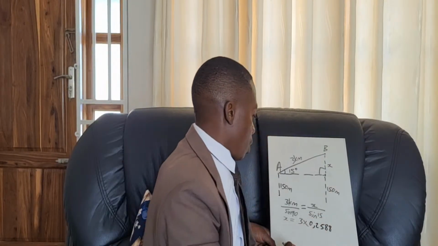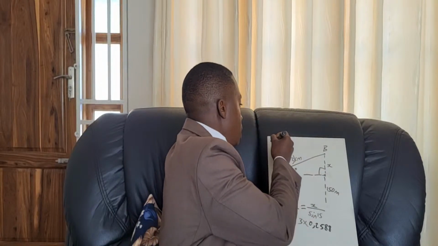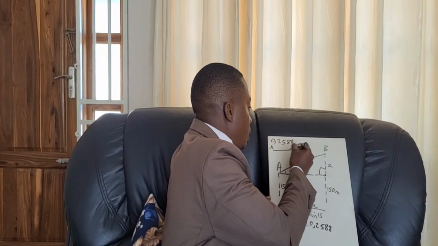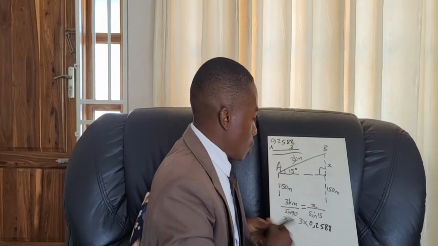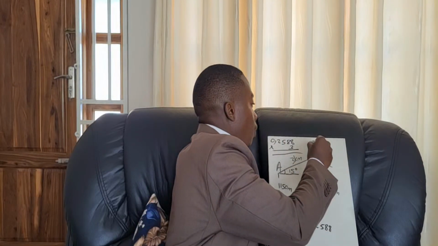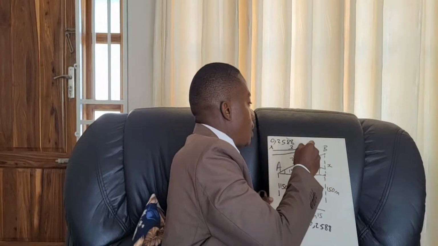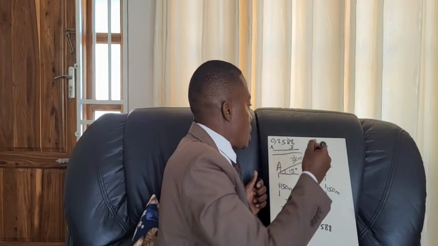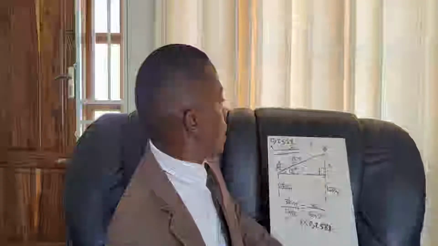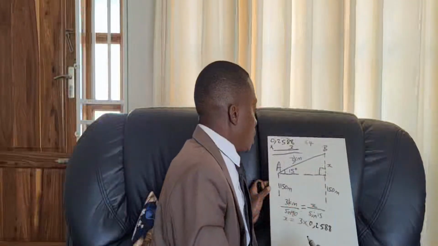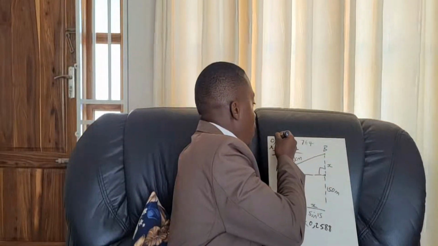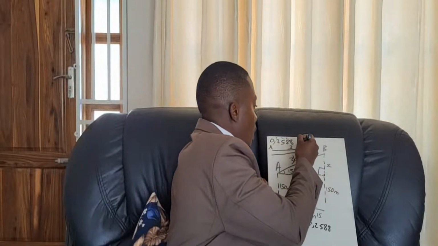So we have 0.2588 times 3. 3 times 8 is 24, write 4 carry 2. 3 times 8 is 24 plus 2 is 26, write 6 carry 2. 3 times 5 is 15, plus 2 is 17, write 7 carry 1. 3 times 2 is 6 plus 1 is 7.